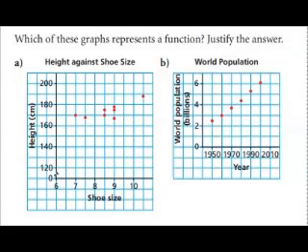Okay, so if you're looking at this first graph, height against shoe size, what you're going to notice is that if you took your pencil and you put it vertically and started to run it across the page, where would it be that an X had 2 different Y's? Well, when you have your pencil vertically up and down on the 7, a shoe size at 7 is only for a height of 170 centimeters. 7.5 is about, let's say, 168 centimeters.